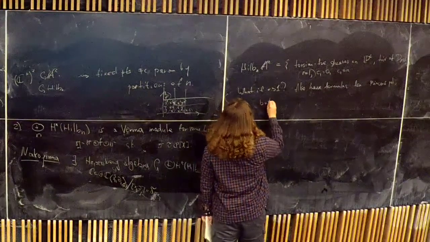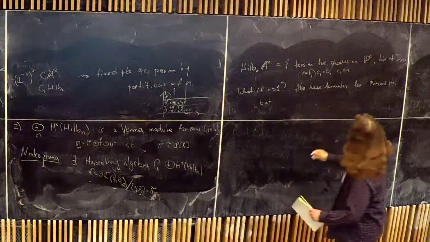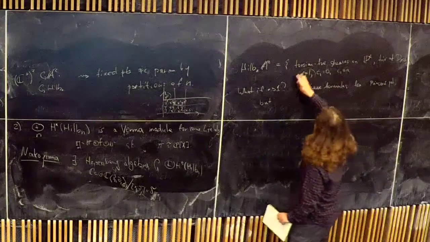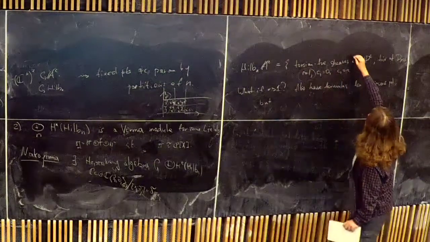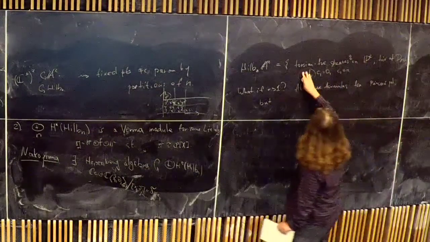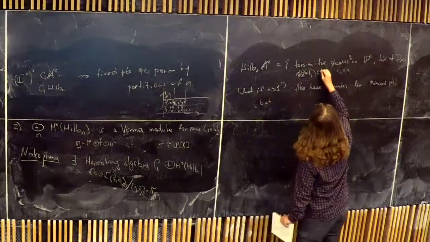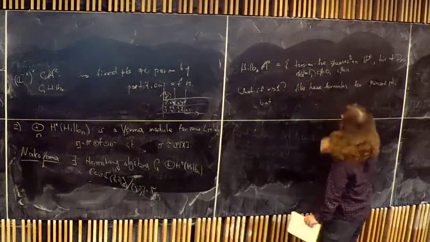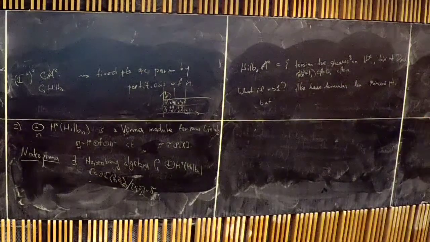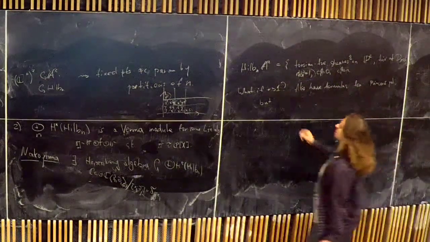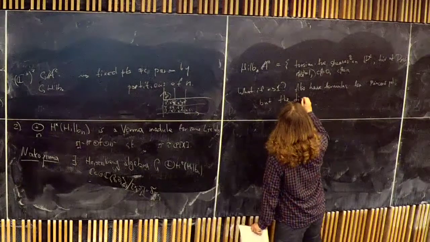But I missed what R was. R is the rank of my sheaf. Ah, so you take torsion-free E, rank R, first Chern class of E. But the dimensions are bigger.